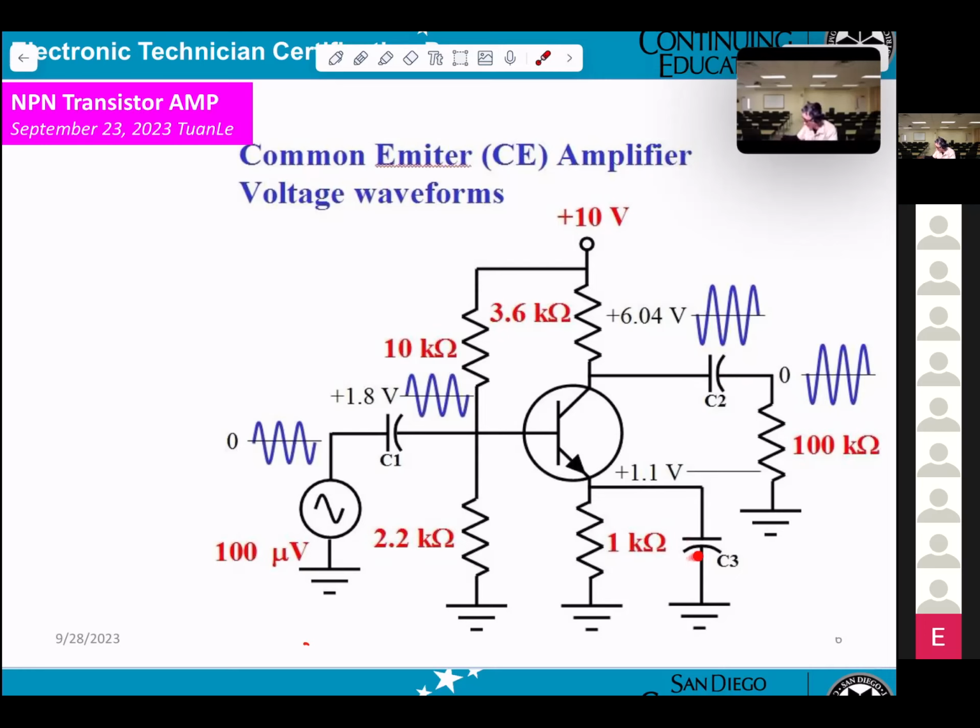C3 bypass capacitor. What does the capacitor bypass? They bypass the 1 kilo ohm here. That means current IE cannot go through the 1 kilo ohm. So if you measure AC at the emitter, it will be 0. DC, it's 1.1 volt. Okay, anything else you want to ask him? Nothing?